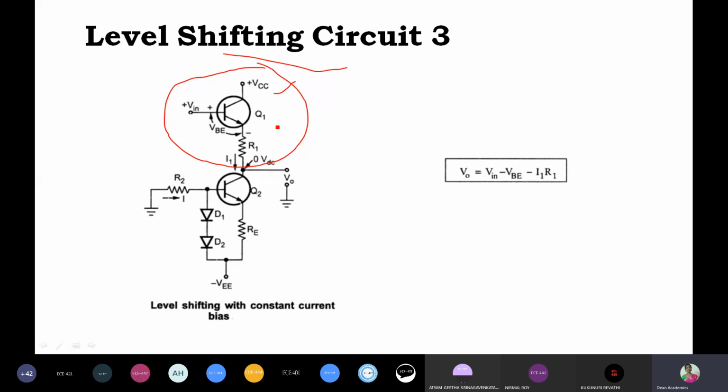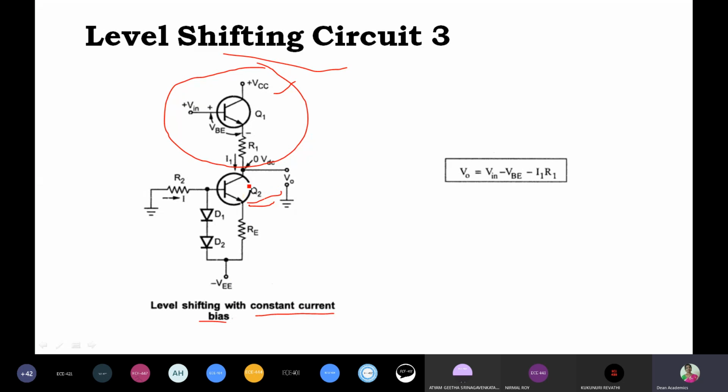This constant current is provided from transistor Q2. Now these two diodes are added here for thermal stability. So this is the circuit arrangement with the constant current bias.